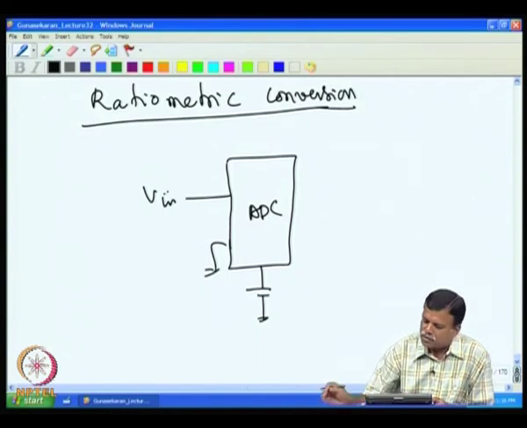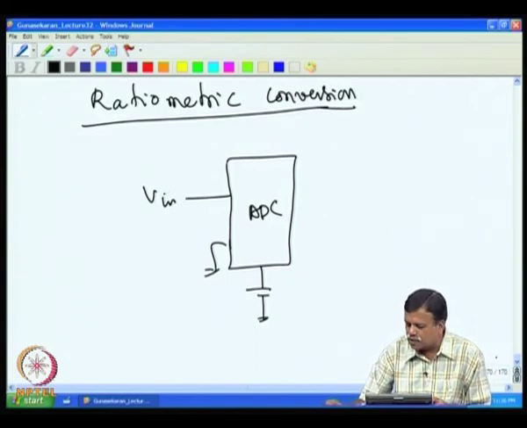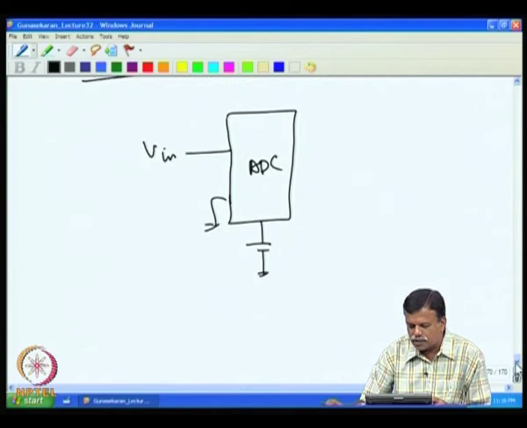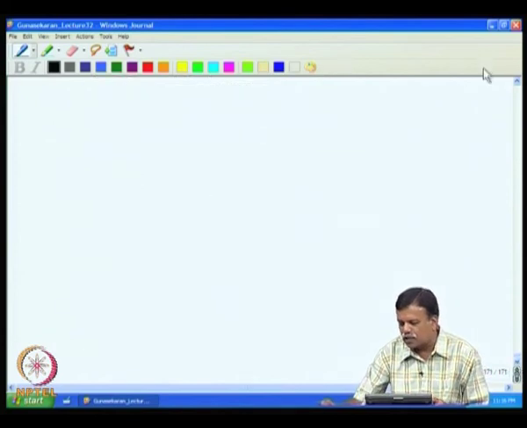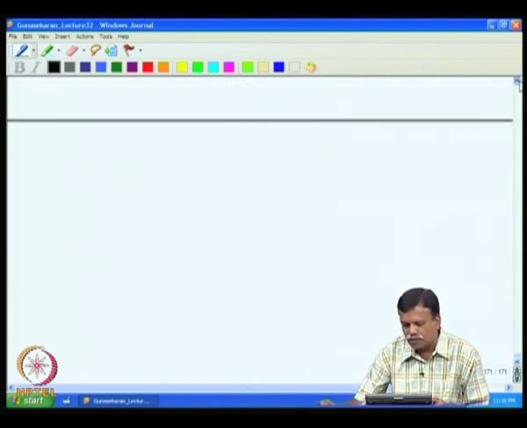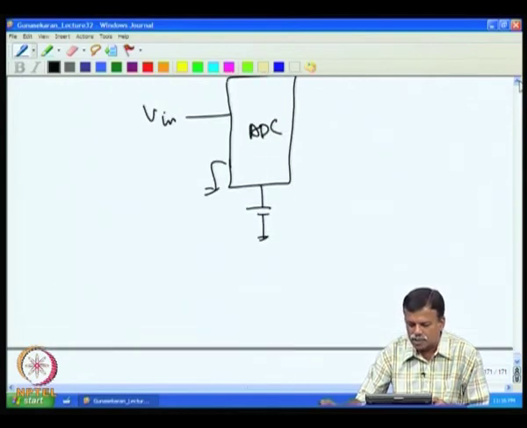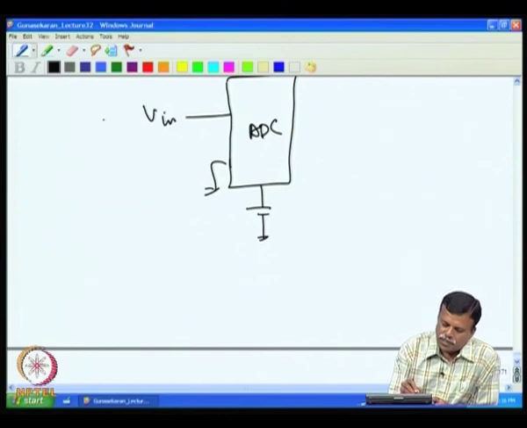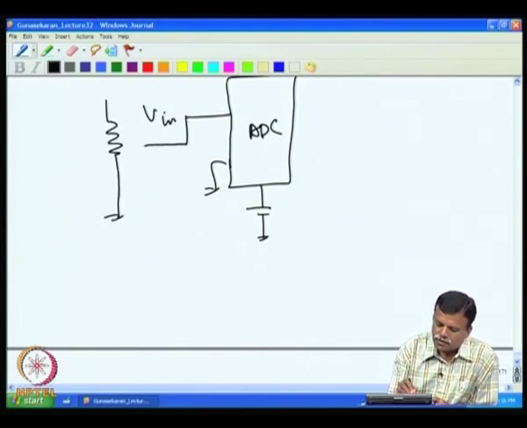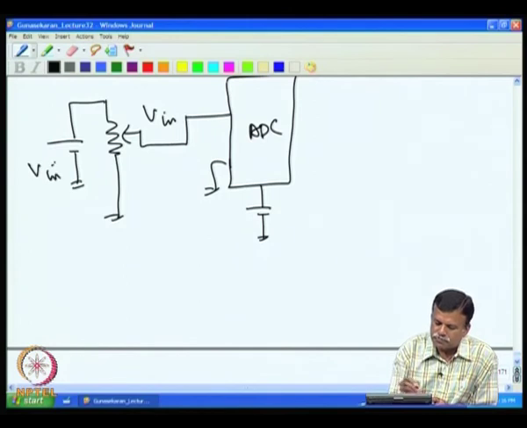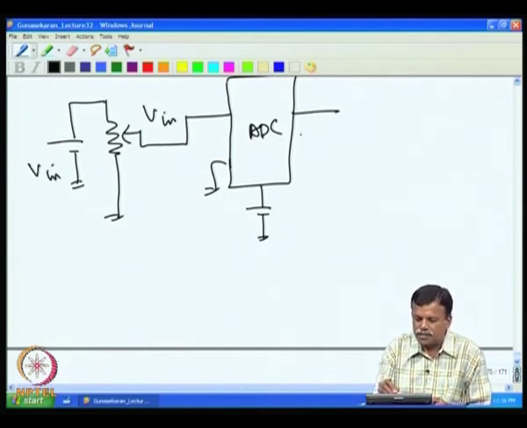For example, I want to measure resistance values accurately using, for example, a bridge circuit, or I want to measure a potentiometer value. So, I can have a potentiometer like this, that is acting as input, then I give this as the V input. Now, I will get a digitized output here.